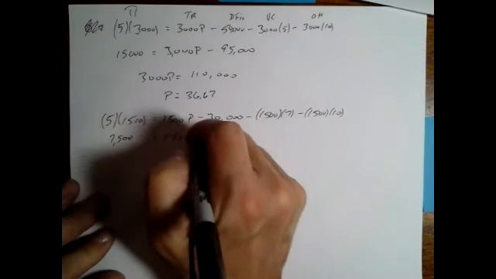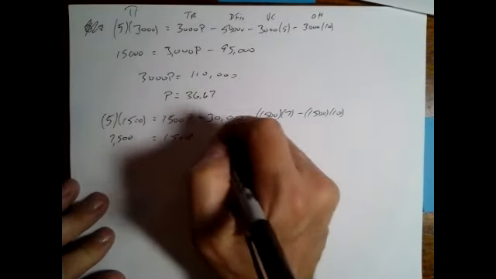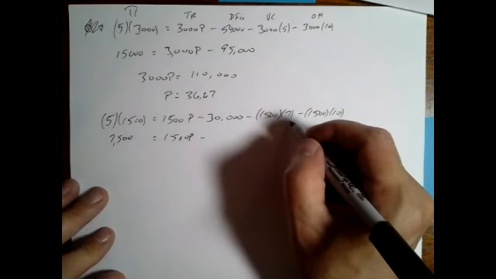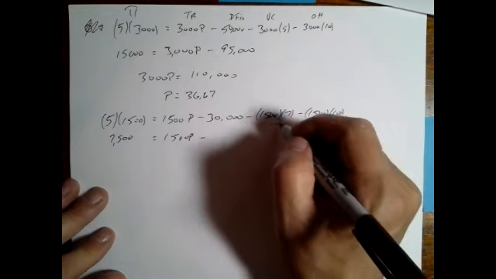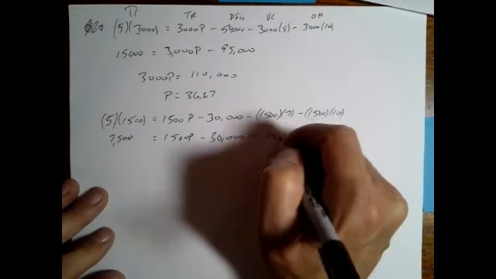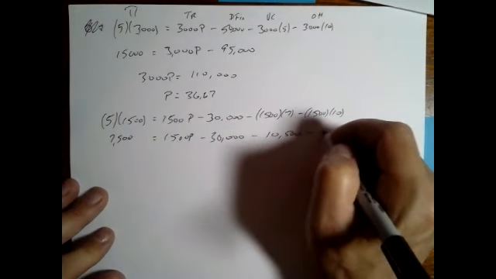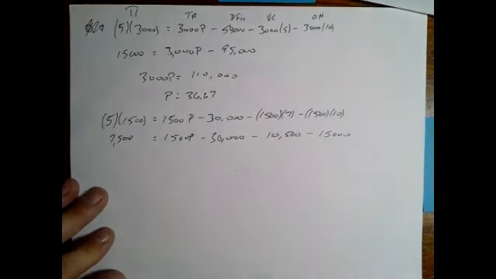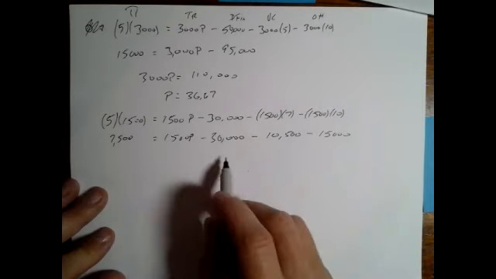Then I have 1,500 P minus 30,000 minus 10,500, sorry, let me just write that out so I don't lose track of it, minus 10,500 minus 15,000. So I have to add that up. 30,000 plus 10,500 plus 15,000 equals 55,500.